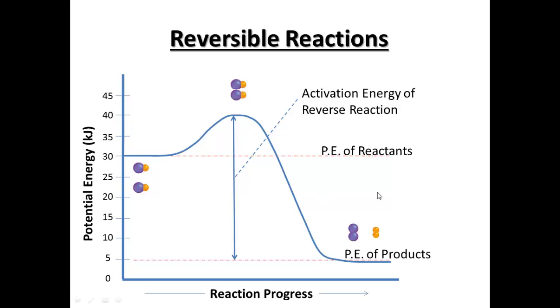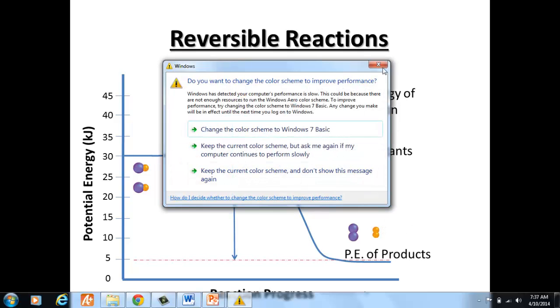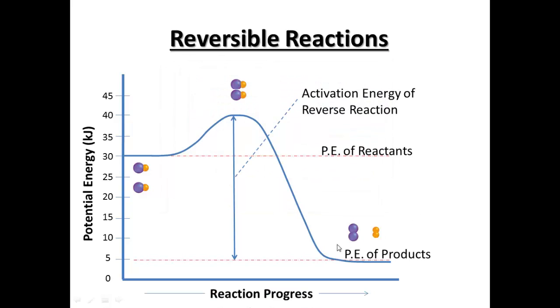Okay, so now remember, if we just have the forward reaction, we have this activation energy that is from the potential energy of our reactants to the potential energy of our activated complex. And then we form products. Now, if our reactants have more energy than our products, that must mean that we have an exothermic reaction.